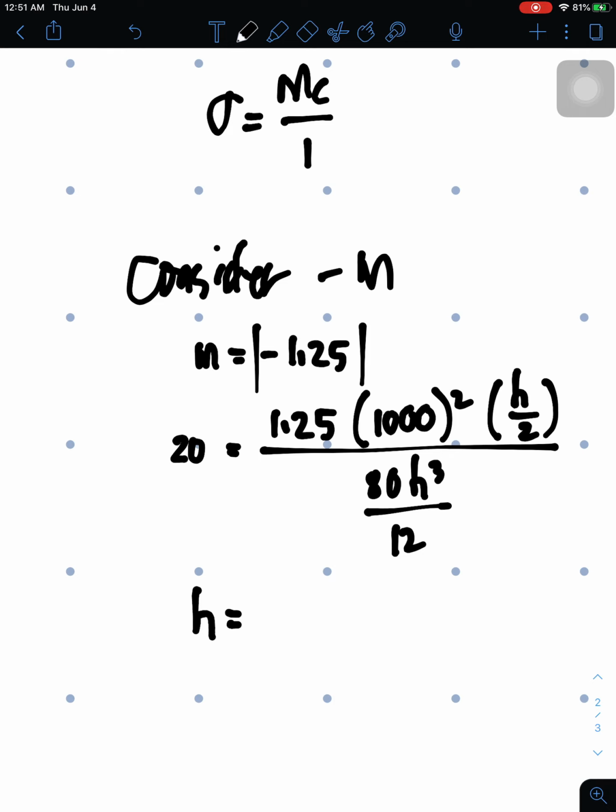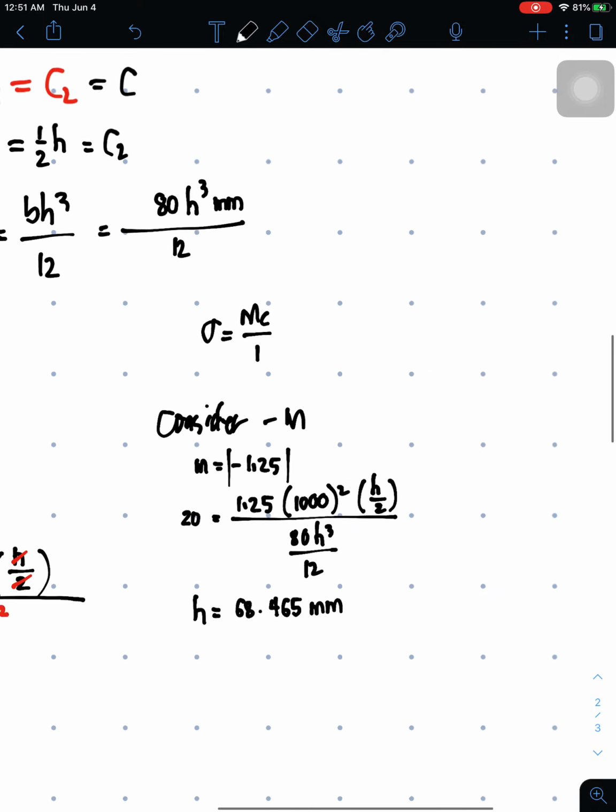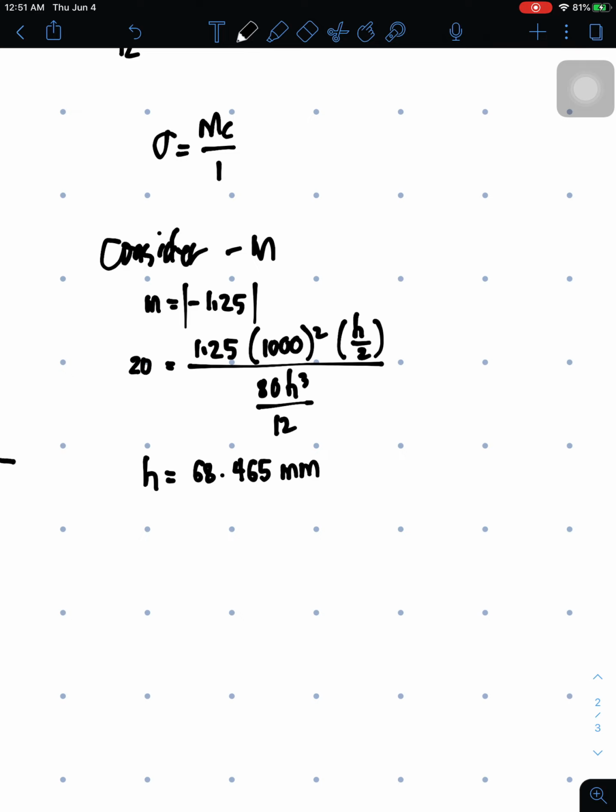So therefore, our answer for H is 68.465 millimeters. Let's double check if that's correct.